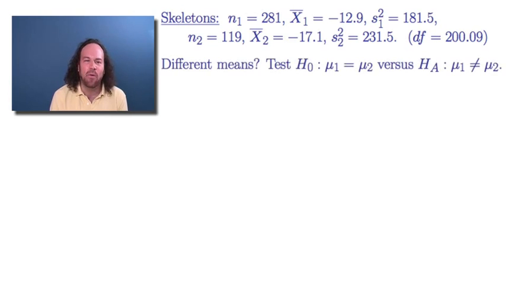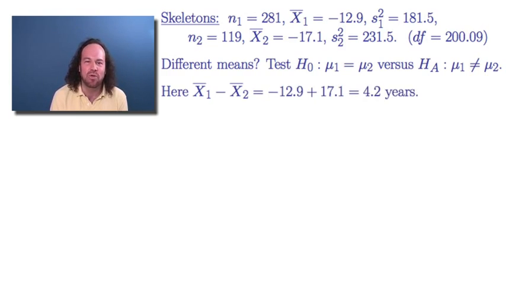Now we're going to do a hypothesis test to see: are the means of these two samples, that is the age differences for the male skeletons compared to the age differences for the female skeletons, equal or unequal? Well, the difference in the sample means, as we already saw, is equal to 4.2 years. But then the question is, does that tell us that mu1 minus mu2 is not equal to 0 either?